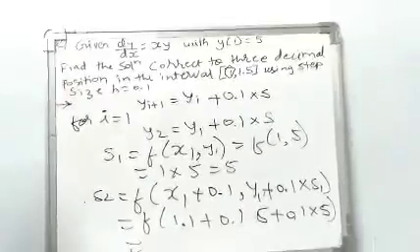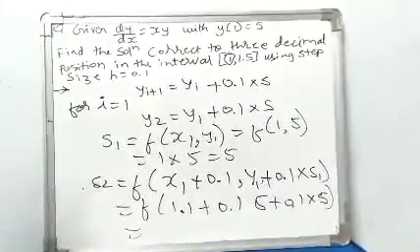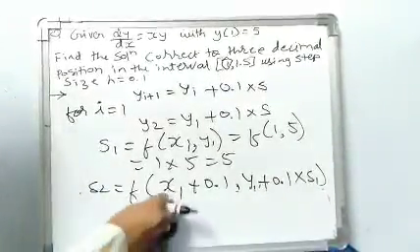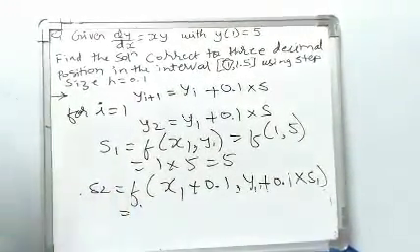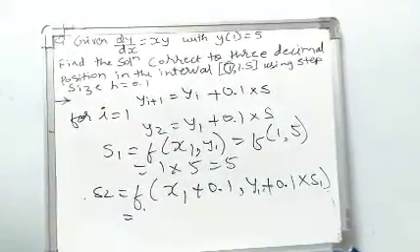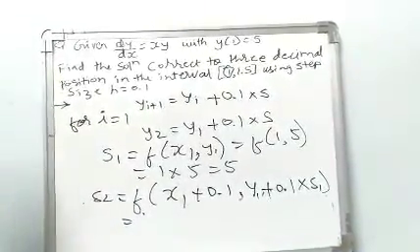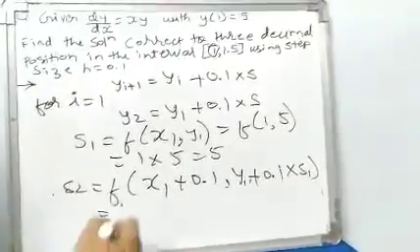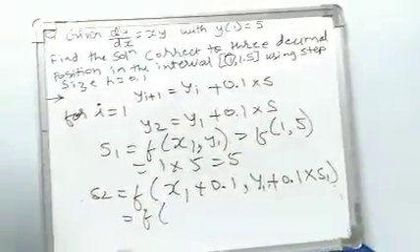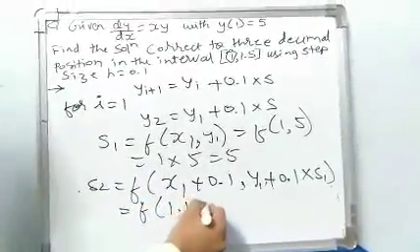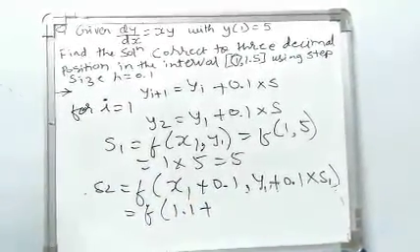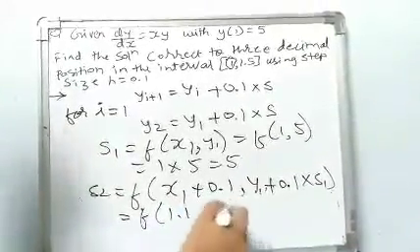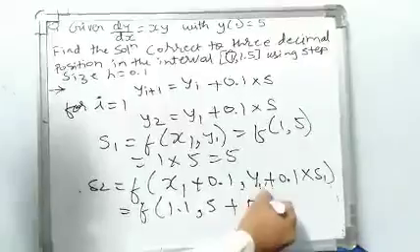Okay, let us get back. Sorry, a step has been missed over here. I have taken the wrong values while considering. So it will be f of 1.1 comma 5 plus 0.1 into 5.